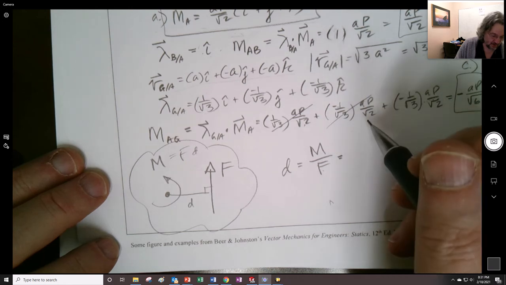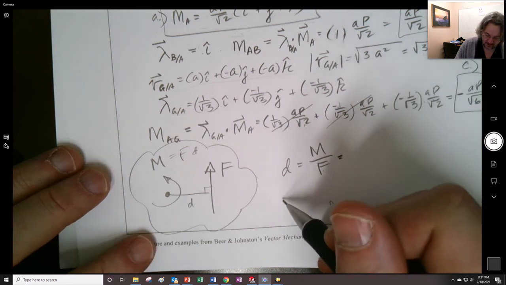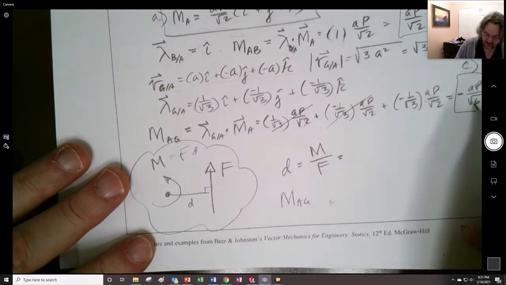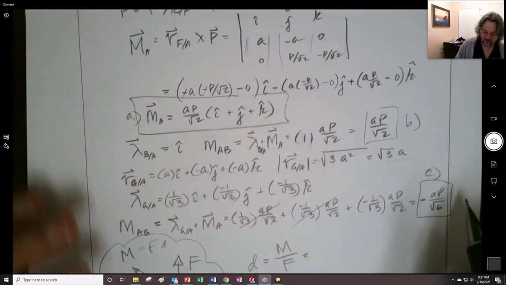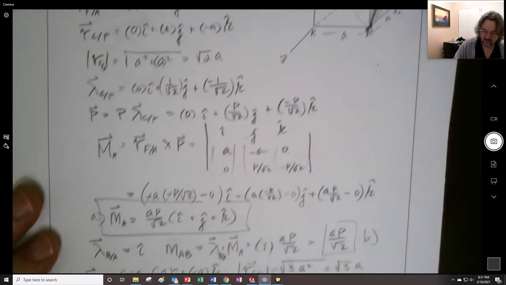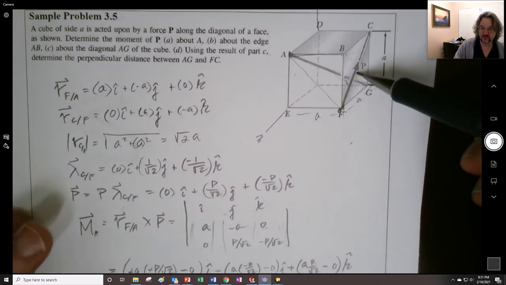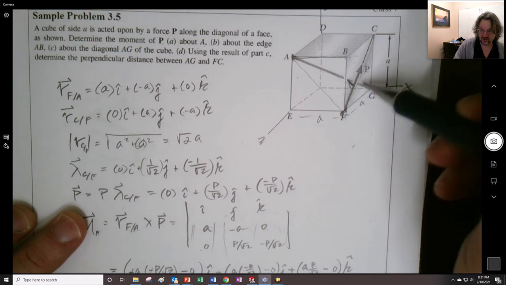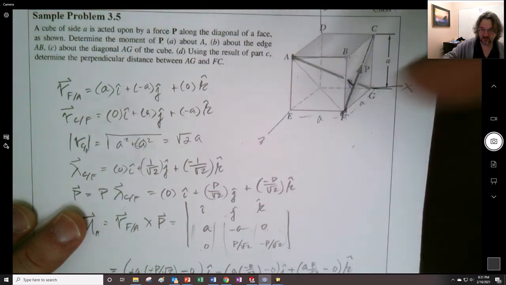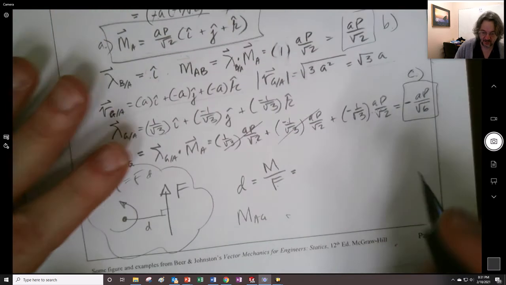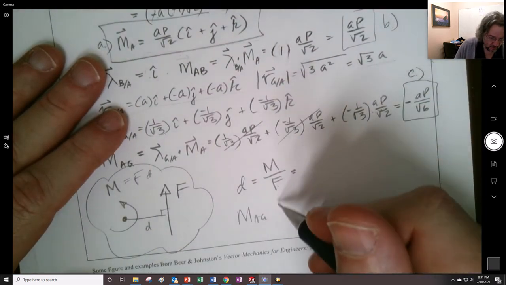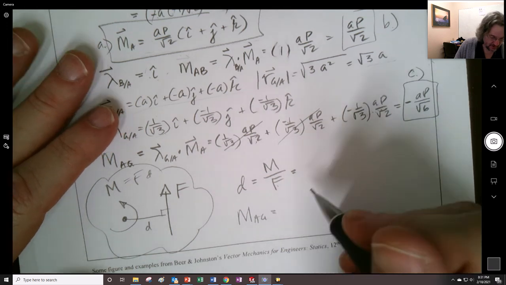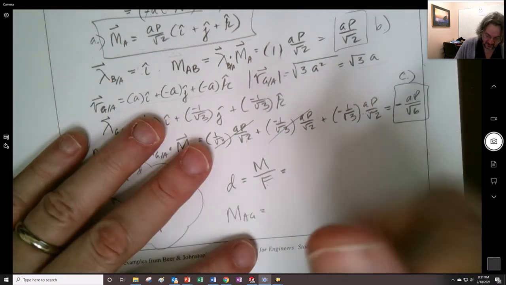We happen to know the moment of AG that we just got, so we know what this is, and we know what this force is going to be. So we could find what that perpendicular distance is, even though it's hard to picture where that's going to be. We'd have to twist around and that kind of thing. So the moment of AG is simply going to be P right there.